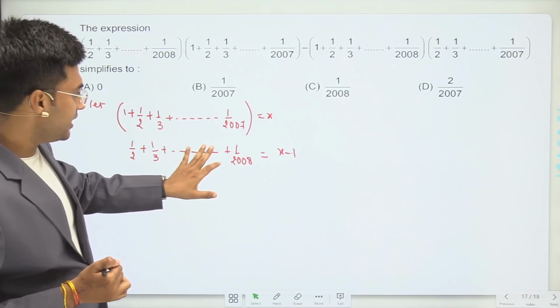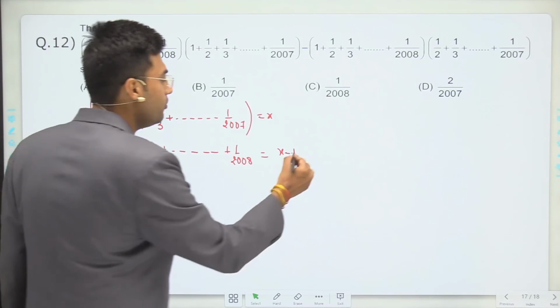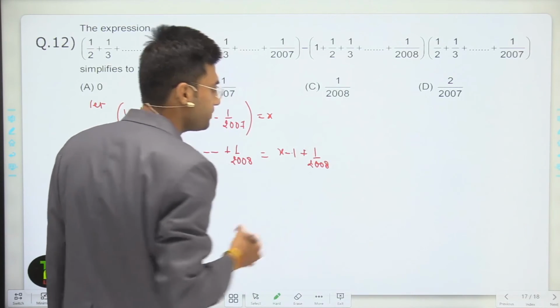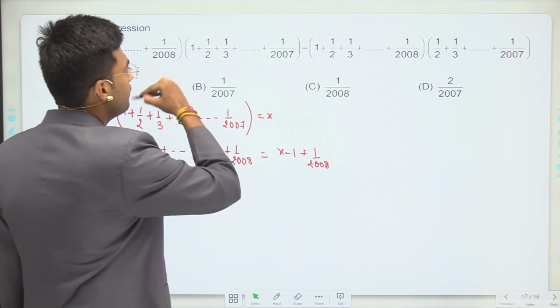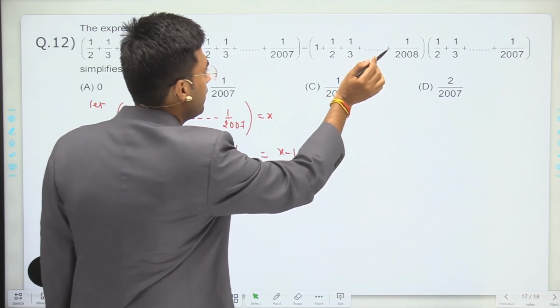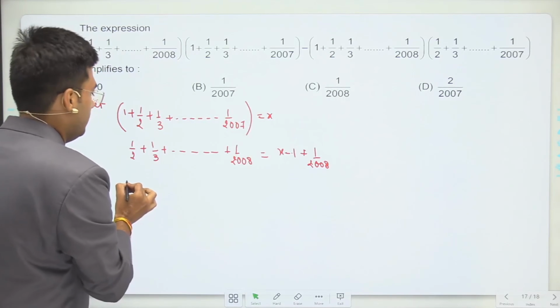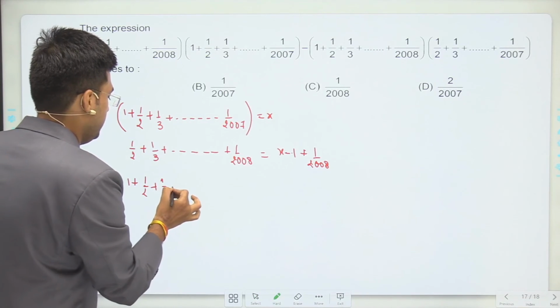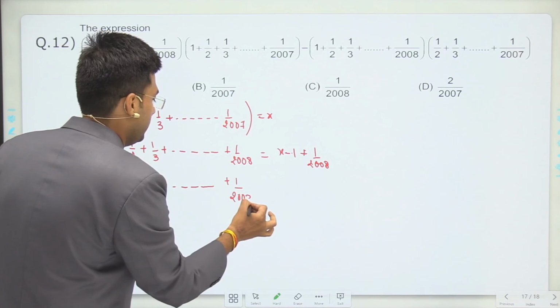But in this expression, the last term is 1 upon 2008. So we have to add 1 upon 2008 here. Clear? Now we find the value of this expression. The value of this expression is 1 plus 1 by 2 plus 1 by 3 up to 1 upon 2008.